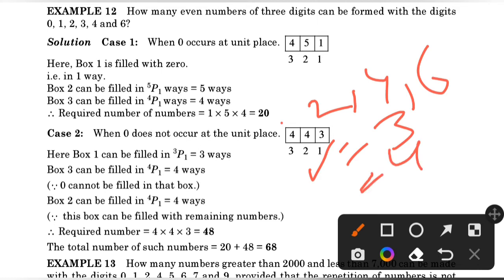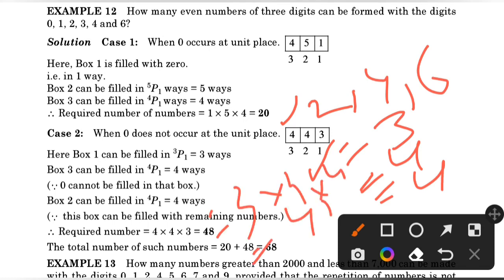Similarly, box 2 can also be filled in 4 ways, because box 1 is filled and box 3 is filled, so 2 numbers are gone. Now we remain with just 4 numbers, so box 2 can be filled in 4 ways. So the required number of ways to fill these 3 boxes is 3 into 4 into 4. So 3 4s are 12, 12 4s are 48.